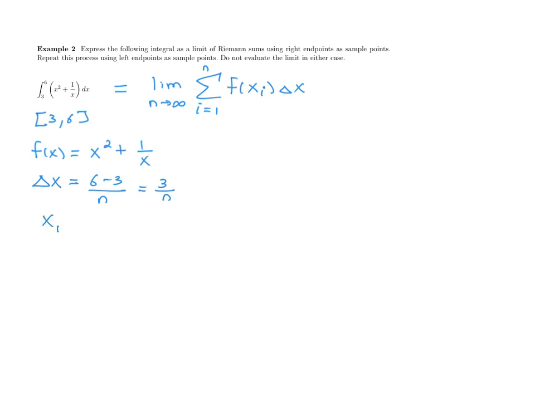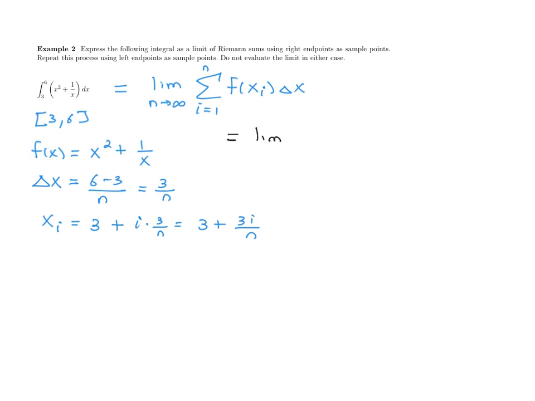x sub i is the starting point of the interval, which is 3, and we're adding i times 3 over n to that, which is 3 plus 3i over n. This is what I want to put into this function in place of x, and then I'll multiply that whole thing by delta x. I think it's going to be a giant mess, but it'll look like this.